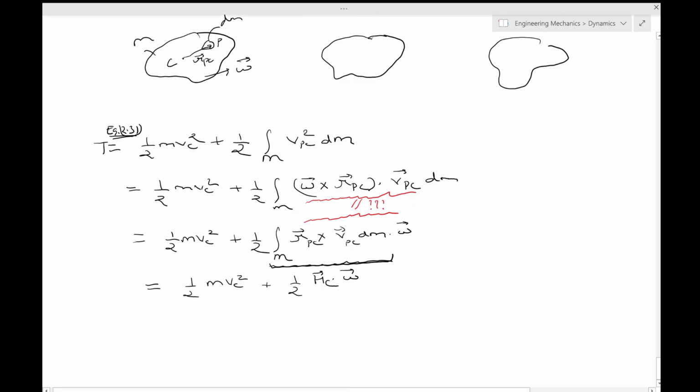Now we want to take this dot product over here. Let me write it separately. Hc dot omega is, as you know, Hci omega i in the index notation. So it will be Hc1 omega 1 plus Hc2 omega 2 plus Hc3 omega 3.